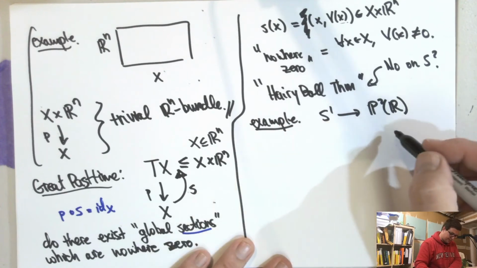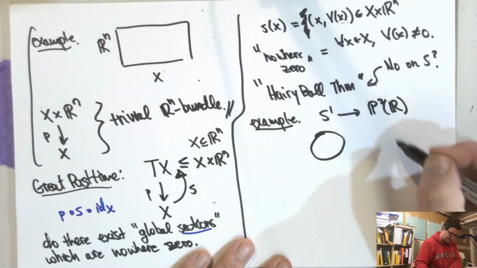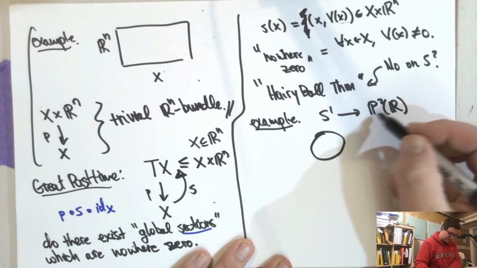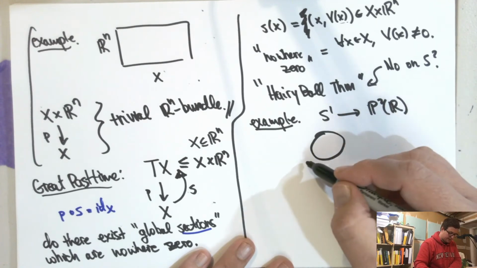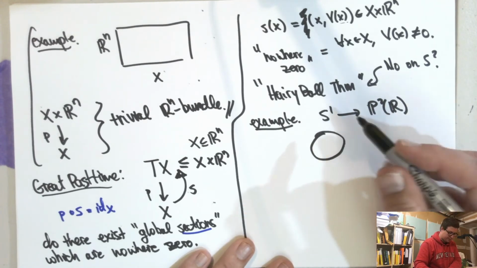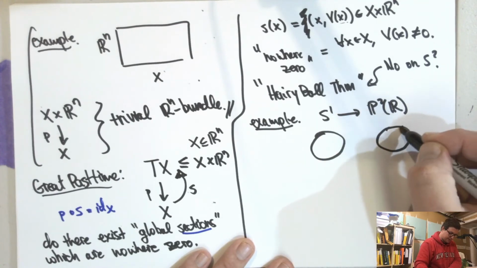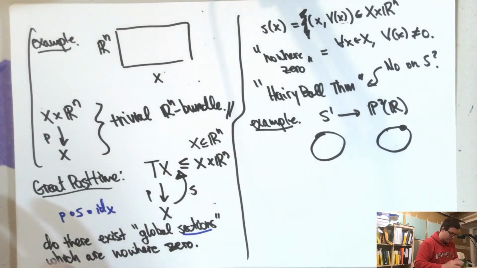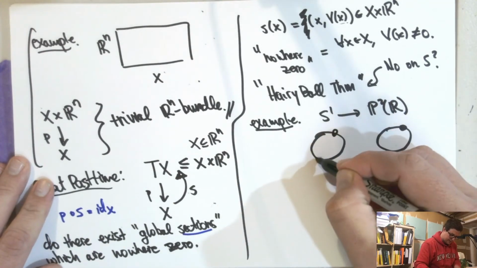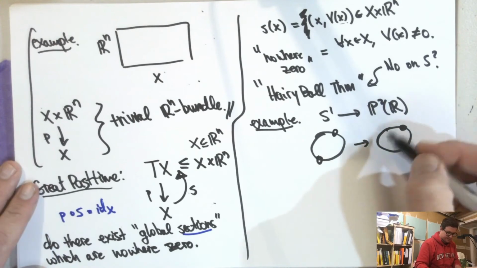So we have S^1 as a circle, and this map identifies things on the circle that are multiples of each other. So this is like a circle where these 2 points become identified, so this thing gets wrapped around.